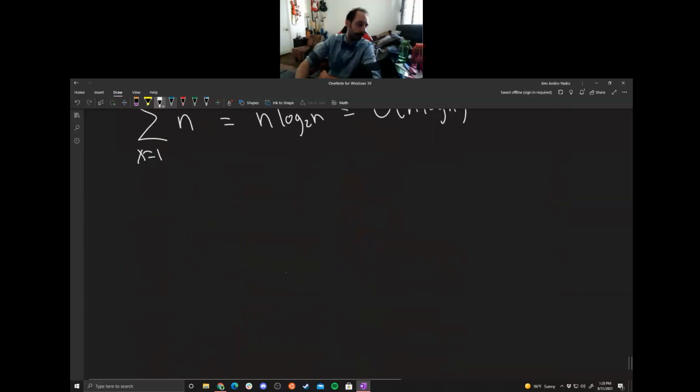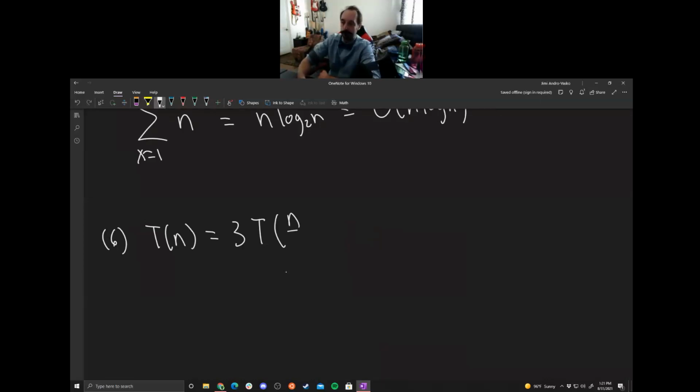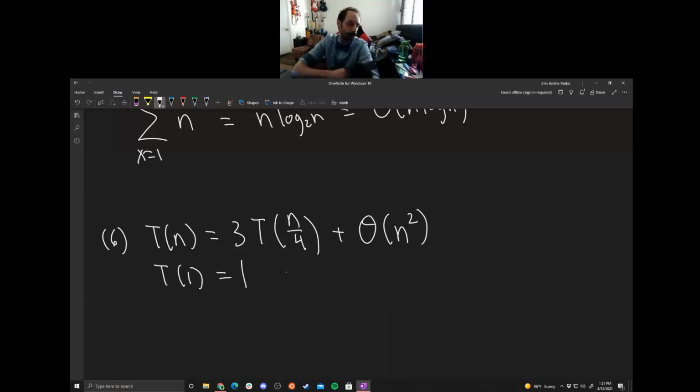This will be, I think, number 6 on our list. So we have T of n equals 3T of n over 4 plus theta n squared. And then we have T of 1 equals 1.